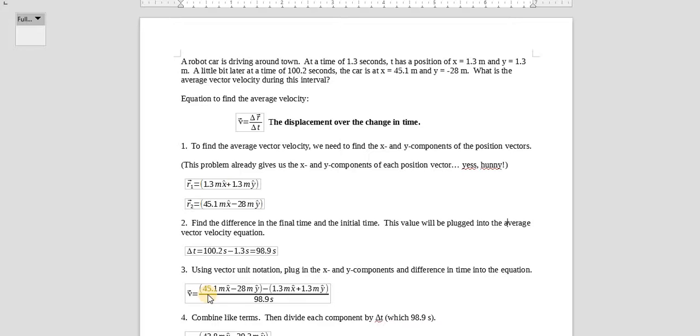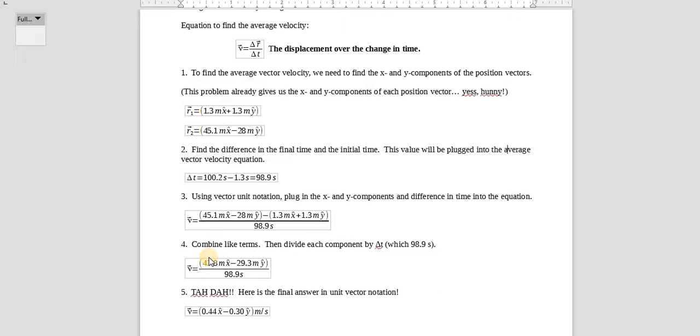So in the numerator, we have r sub 2, which is position vector 2, right here, and then we subtract that from position vector 1, which is this right here, and divide all that by 98.9 seconds.